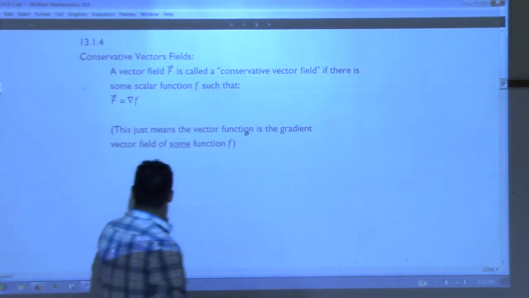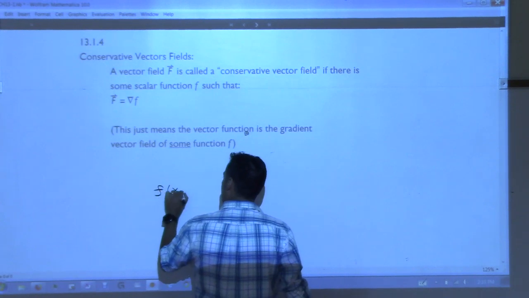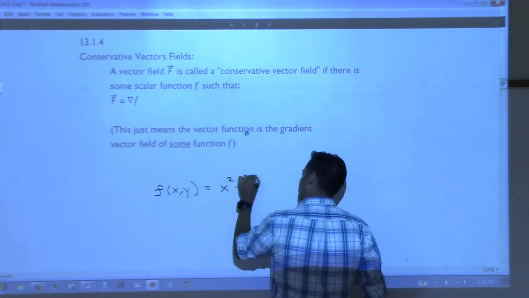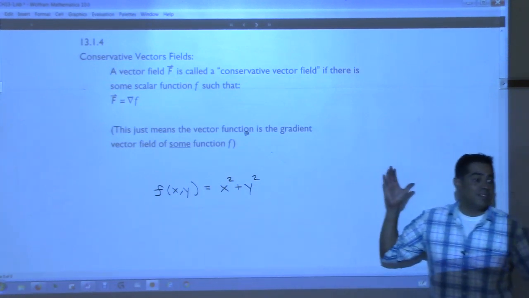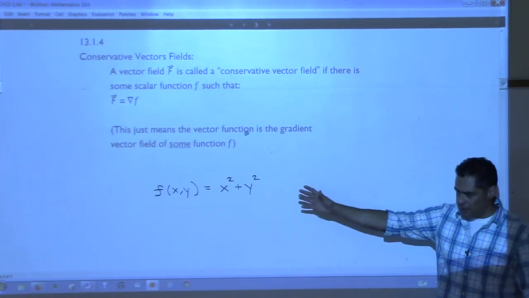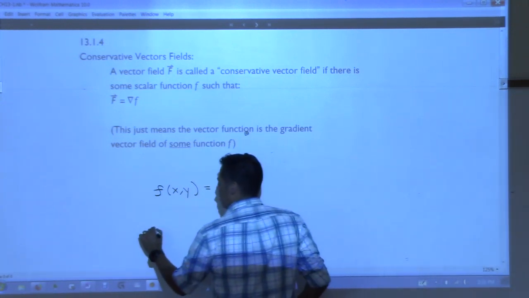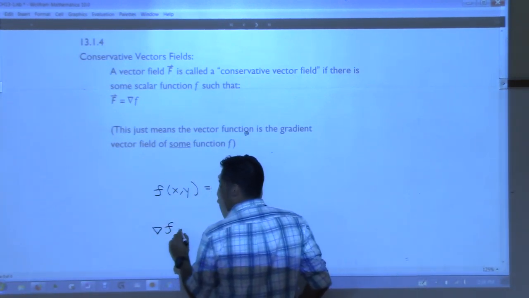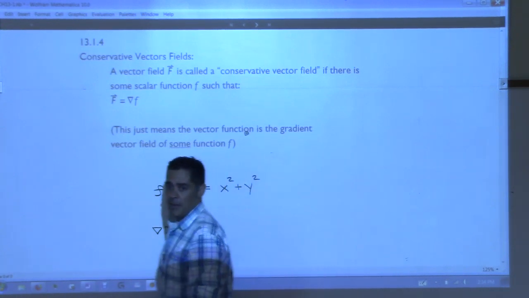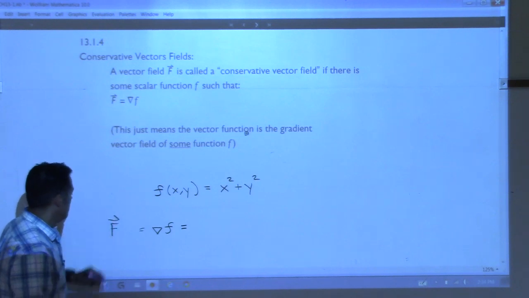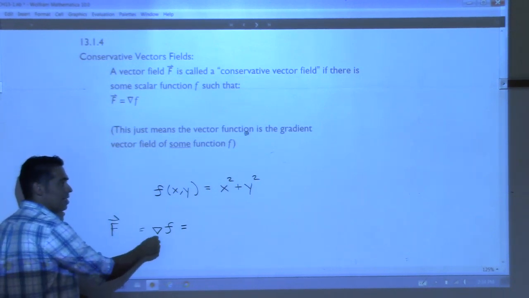So let me just illustrate. Let's say we have this scalar function. This is a surface, right? Okay. Let's create a vector field from this. I'm going to define this vector field to be the gradient of that.